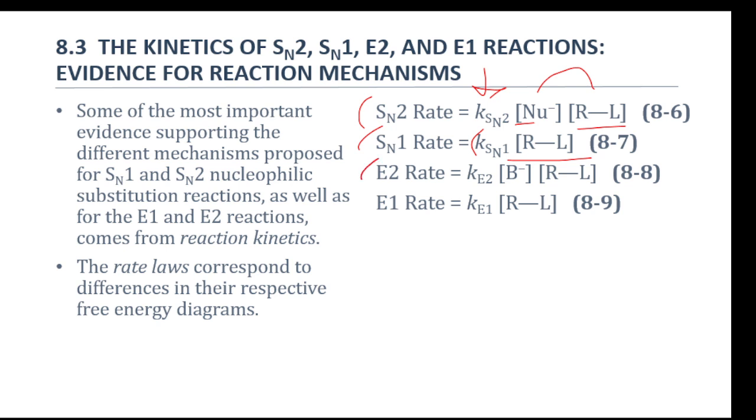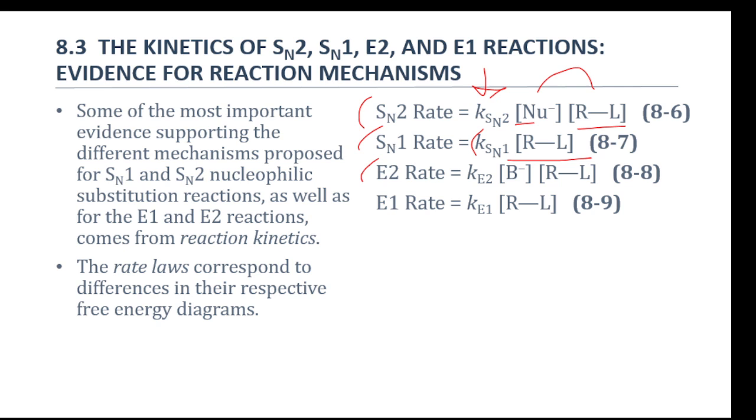So on our E2, guess what we're going to have? Two species, right? We have to have our base. We have more base, more concentration of base, we're going to get a faster reaction, right? We have more concentration of our substrate, we're going to get a faster reaction because we need those two to collide to get a reaction going.